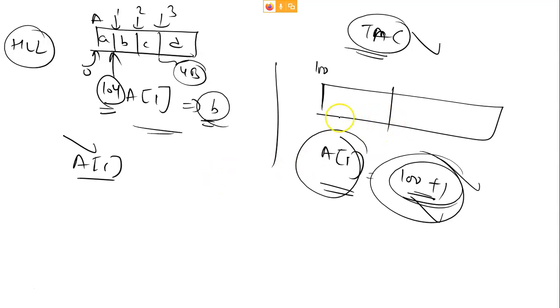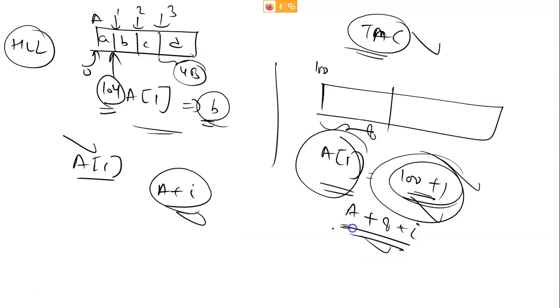So if each element has size 8, then sometimes you have to multiply with 8. Sometimes you are doing A plus the multiplied index, sometimes you are just doing this. I have seen some students who do not know this difference.